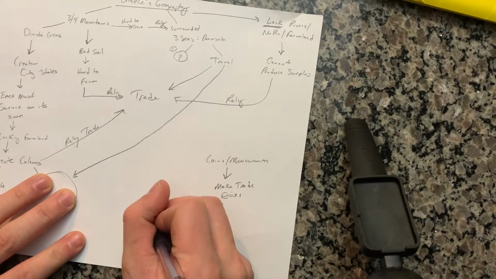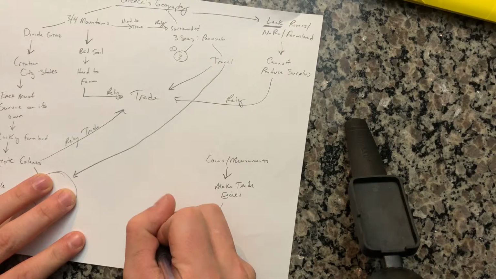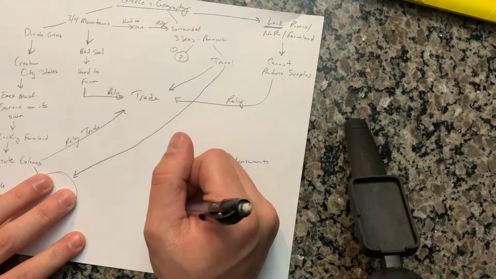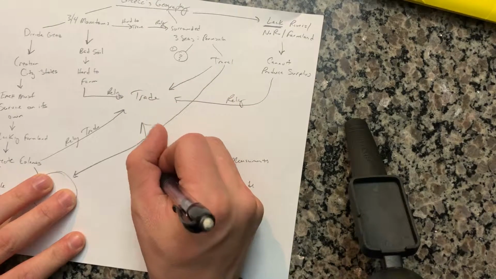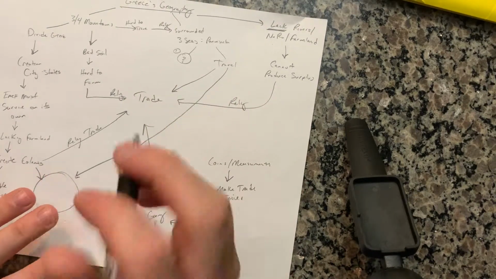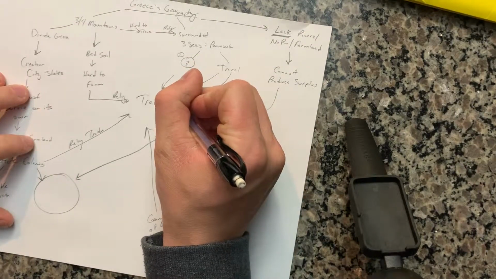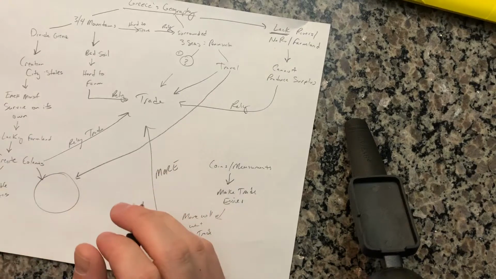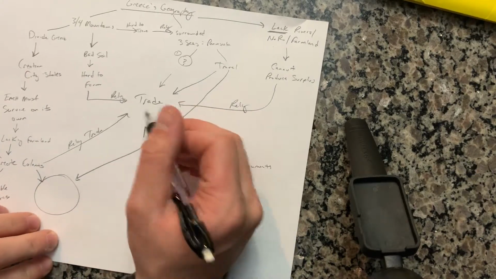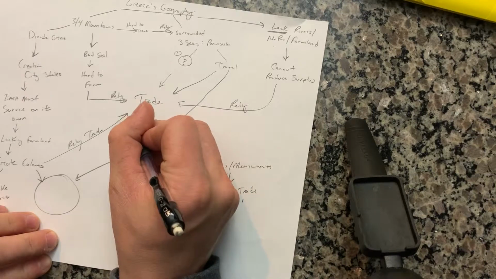This leads to gaining of friends or allies. And what's that going to do? More trade. Now, we have all this connected. And this one's going to run into that as well. From here, we have trade going here. And now this trade's going to go to one that's going to go to here.